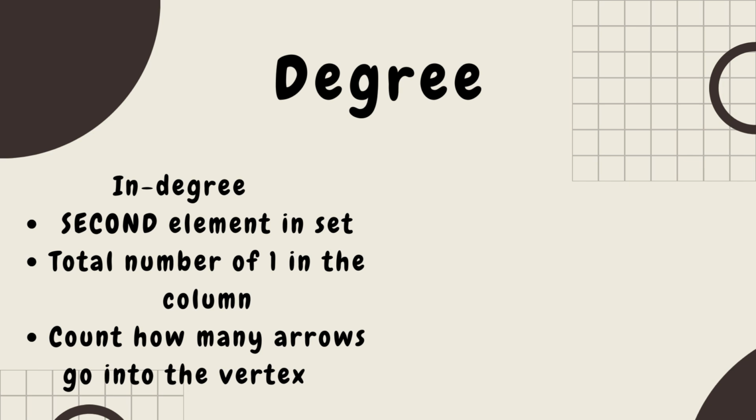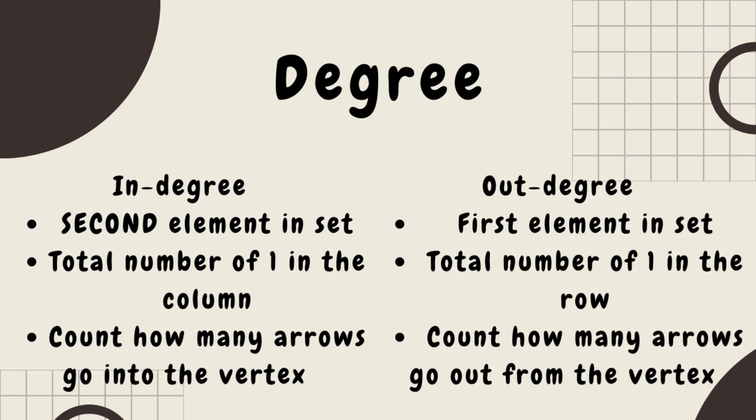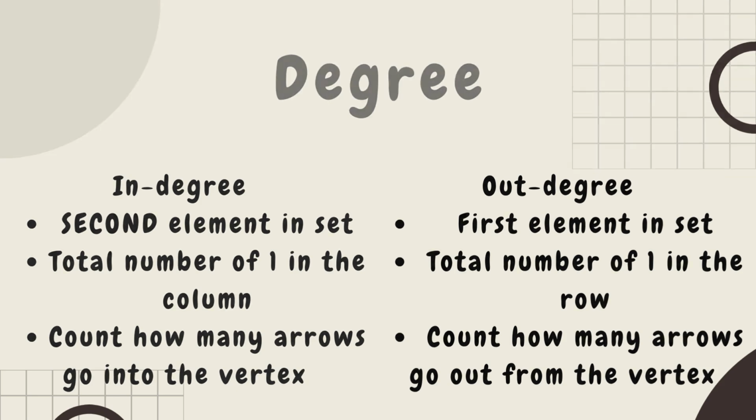To find it in a matrix, count the total number of 1s in a column. The second degree is the out degree. This refers to the number of arrows going out from a vertex. It's represented by the first element in a pair. To find it in a matrix, count the total number of 1s in a row.